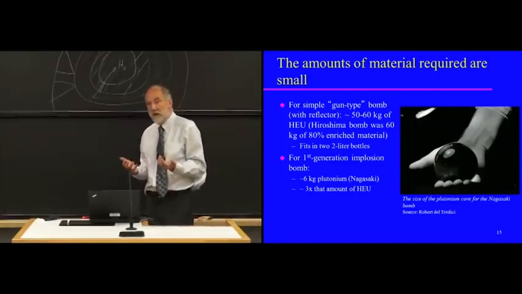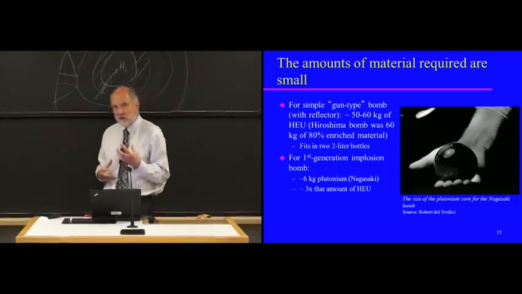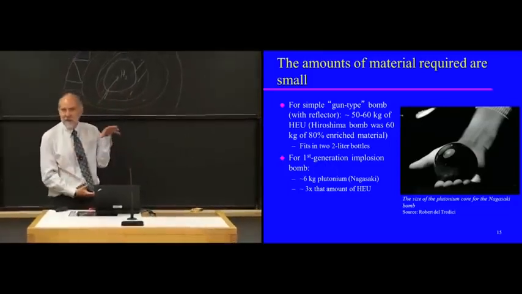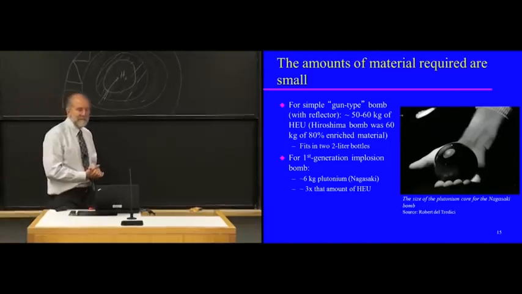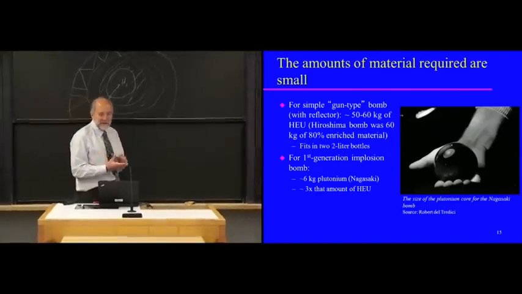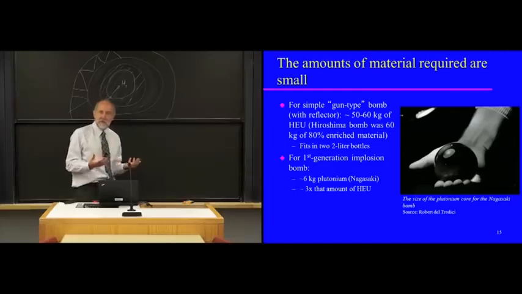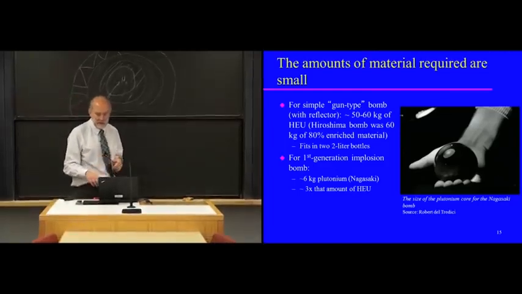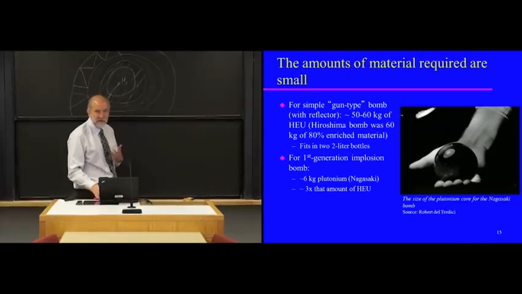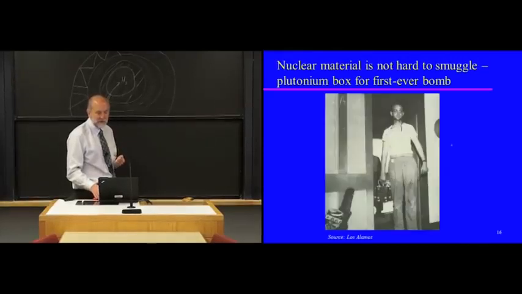But the amount that you have, because uranium is a very dense metal, would fit roughly in two 2-liter bottles. Okay? And again, as I mentioned, it's only 6 kilograms for Nagasaki, of order 60 at Hiroshima because of the greater efficiency of the implosion bomb.